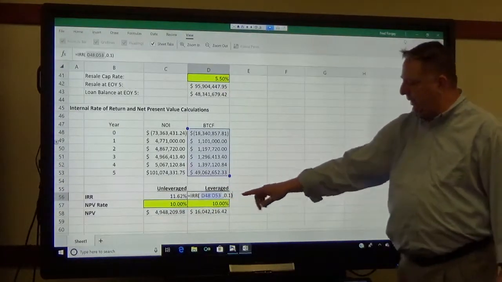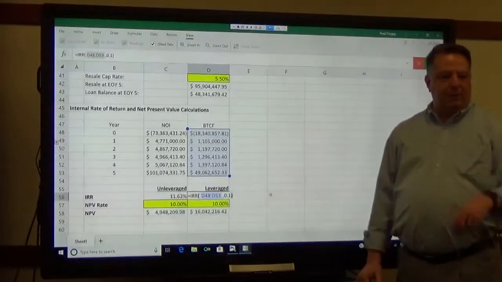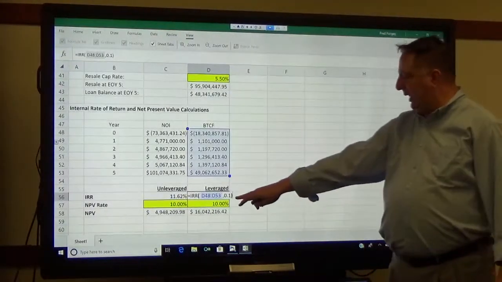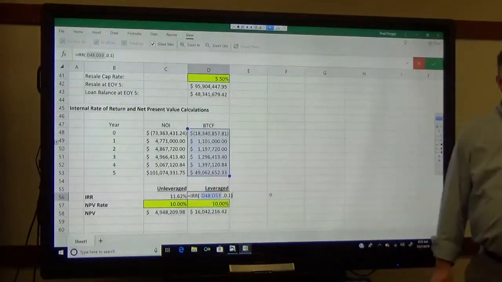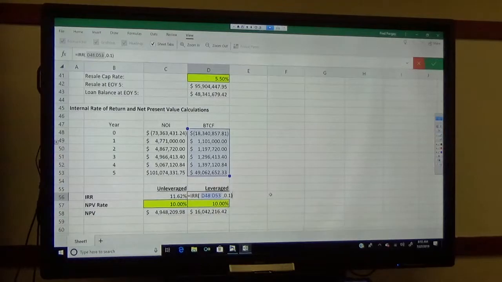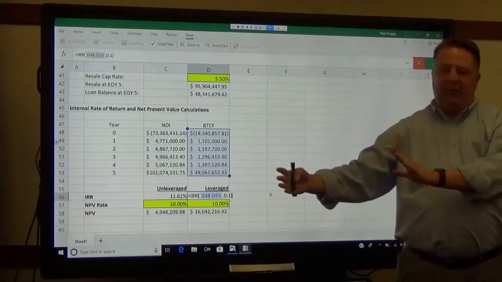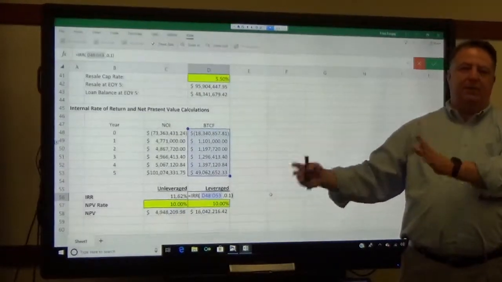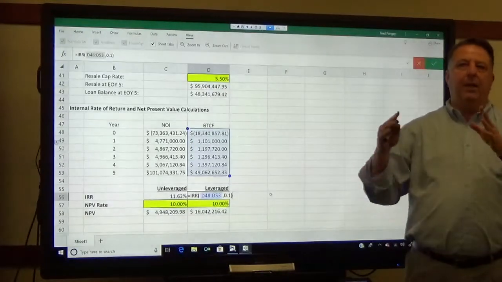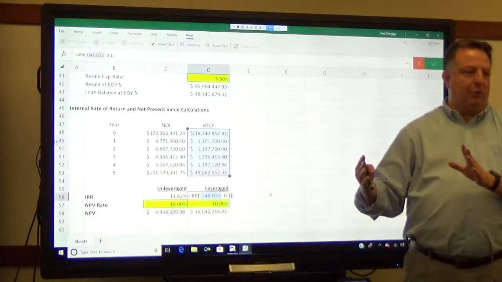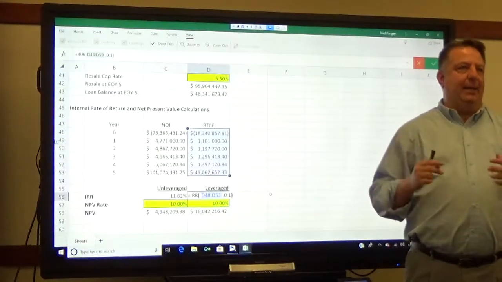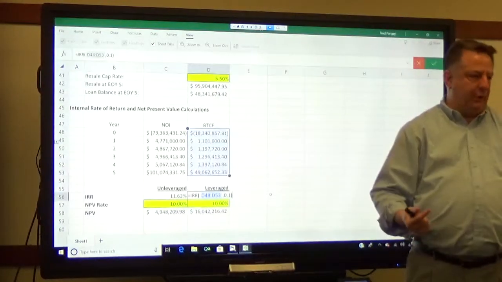Now, the thing that you see here, and I know Oz has asked this question in a previous class, is what is this guess value? I wish I could give you a really good explanation, but, well, I can. Whenever Excel was first built, the algorithm they used to calculate internal rate of return was an iterative function.